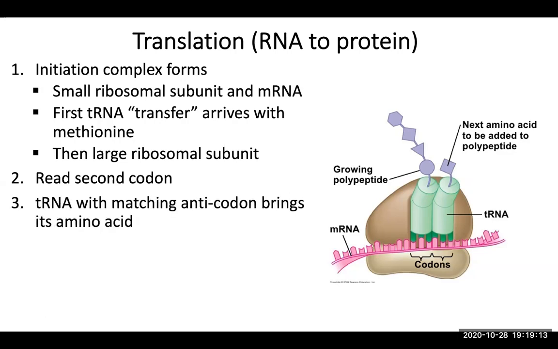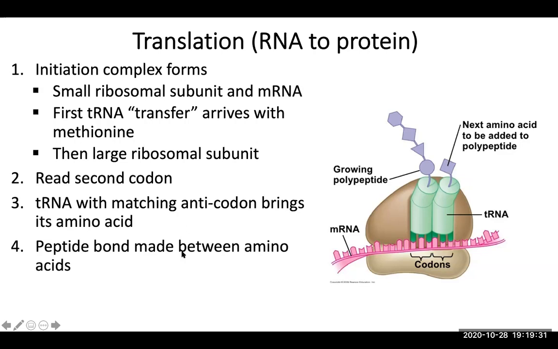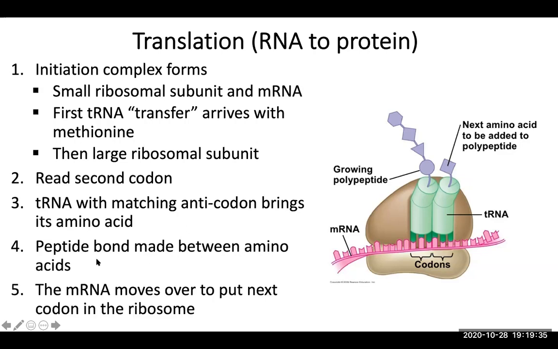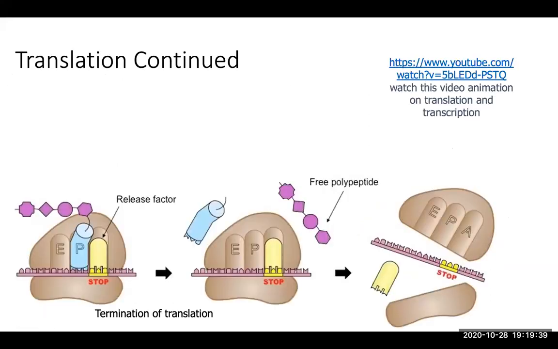So as I mentioned, the ribosome reads the second codon, which means another tRNA will come in with the matching anticodon and the specific amino acid that anticodon codes for. And then the peptide bond will be made between amino acids, and then it scoots over, and then you repeat until you get to the end.